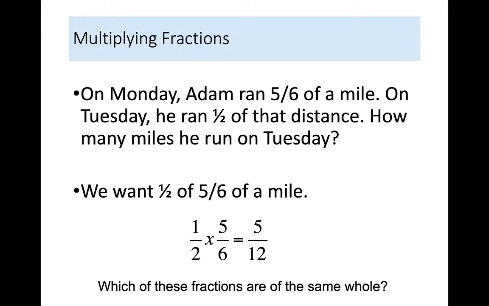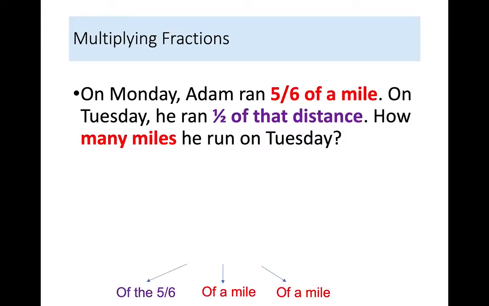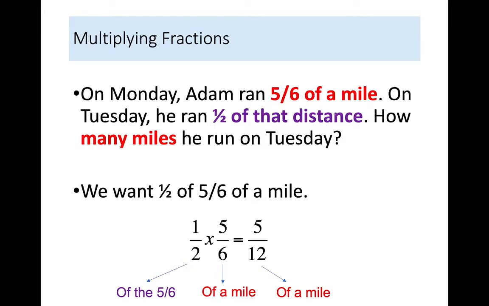Now, a good question here, when thinking of word problems and equations, is to think of the meaning of each fraction in the equation, which of those fractions are of the same whole. All right, well, let's take a look here. So we want 1/2 of 5/6 of a mile. If we break this down, the 5/6 was of a mile on Monday, and we know our answer was 5/12 of a mile on Tuesday.